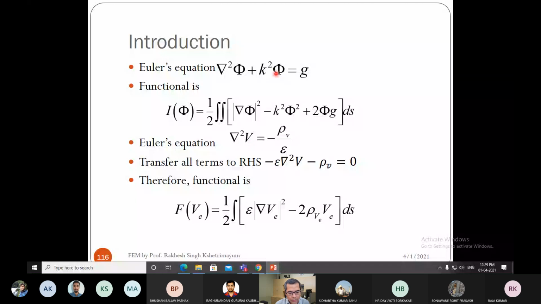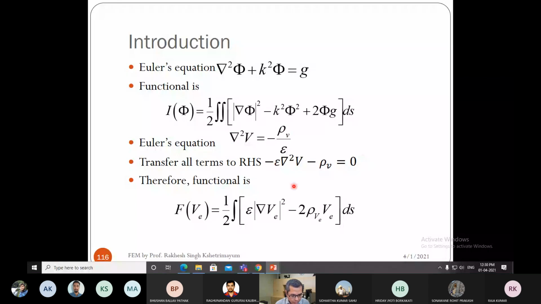This term would be there when we consider the wave equation. So I multiply by epsilon on the left hand side: epsilon del square B is equal to minus rho B. Be careful, just transfer all terms to the right hand side. So minus epsilon del square B minus rho B is equal to 0.